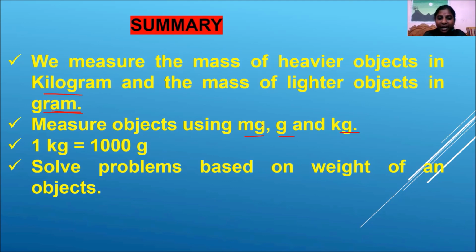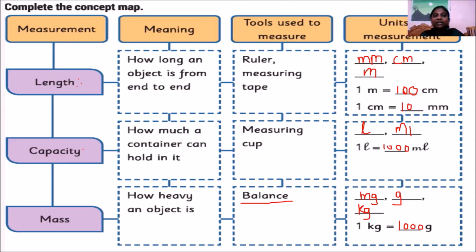Mg means milligram, g means gram, kg means kilogram. Next we learned 1 kilogram equal to 1000 grams. And also we learned how to solve the word problems based on weight of objects.